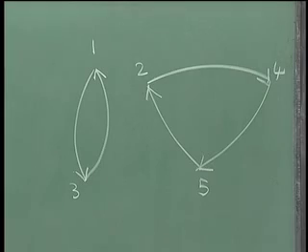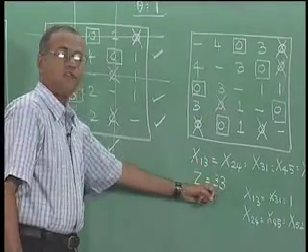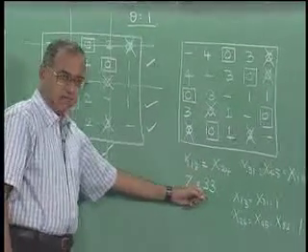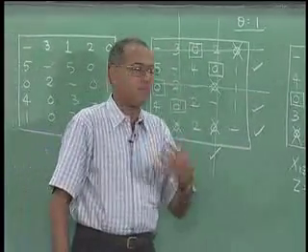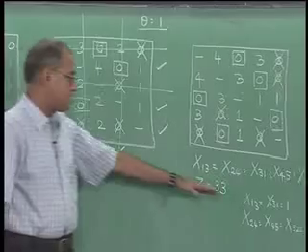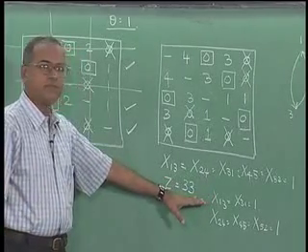Now, because the optimal solution to the assignment problem is infeasible to the TSP, and because the assignment problem is a relaxed form of the TSP, this 33 becomes a lower bound to the optimum value of the TSP.